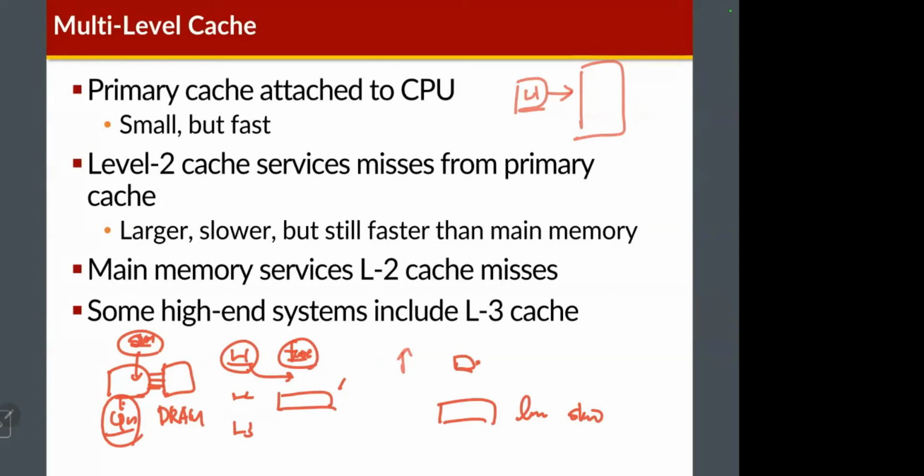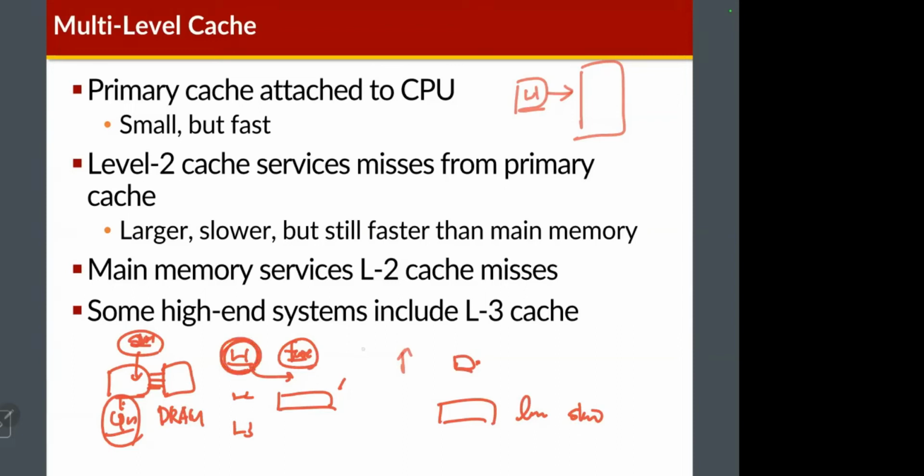Then why do we use the multi-level cache? We want to exploit the internal memory, the internal cache. But if we use a very large cache, like a very large L1 cache, then the access latency to this cache will also increase. But we want a very fast L1 cache.